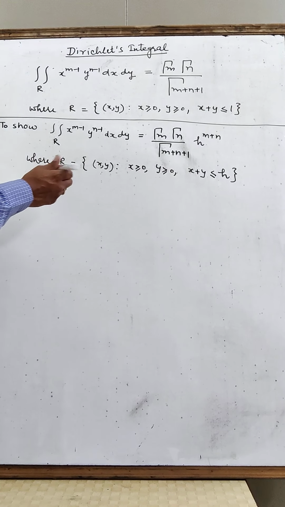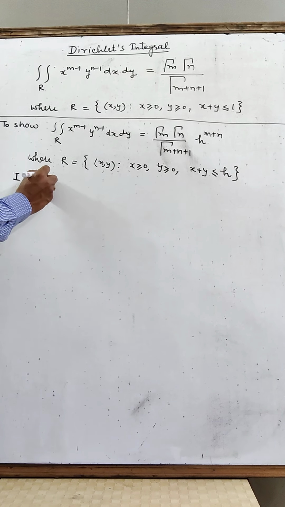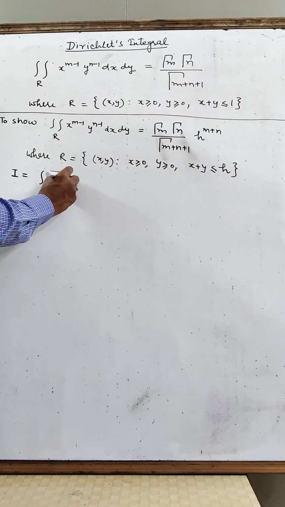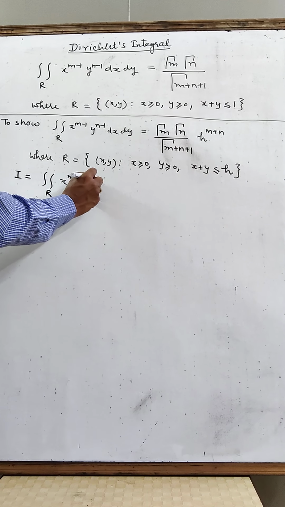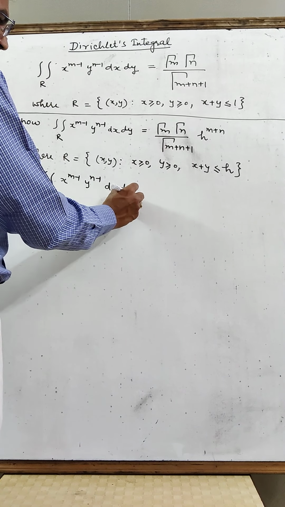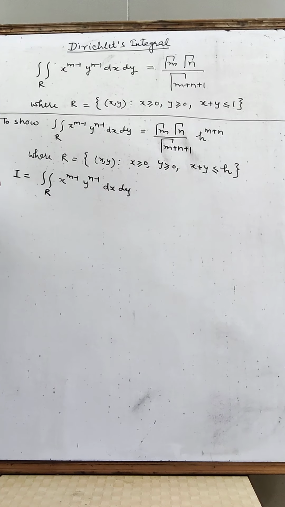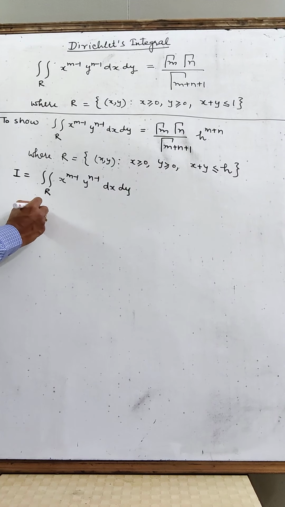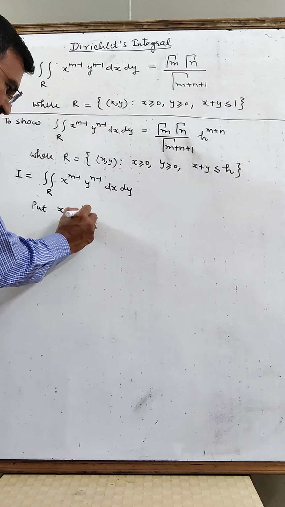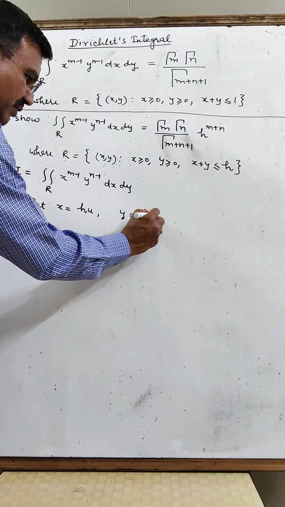Now our region is bounded in this way, so our integral is the double integral over R of x raised to the power m minus 1, y raised to the power n minus 1 dx dy. Now just substitute, put x equal to h into u, y equal to h into v.